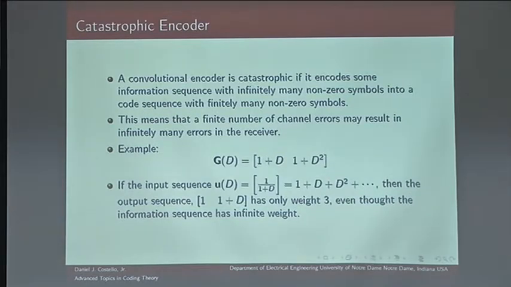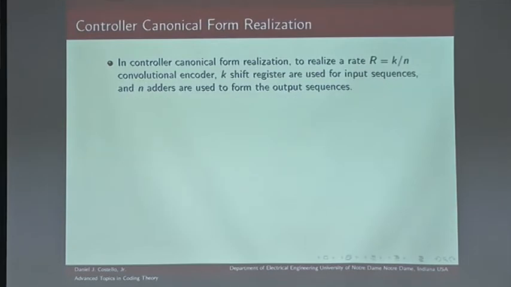So you want to avoid common factors in the generator polynomial. When you have a code, you want to encode it with the best encoder, and you don't want to use a catastrophic encoder. Generally, they would have more states than an equivalent encoder anyway, so you wouldn't use it for that reason either.